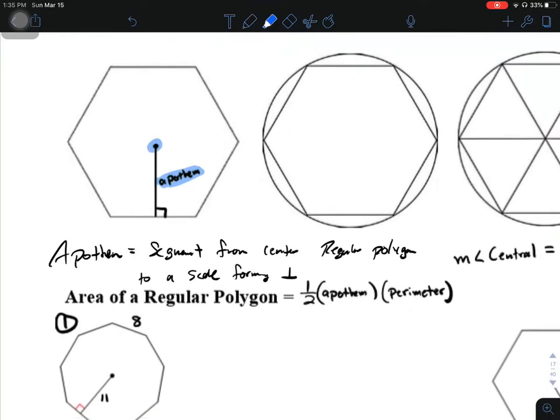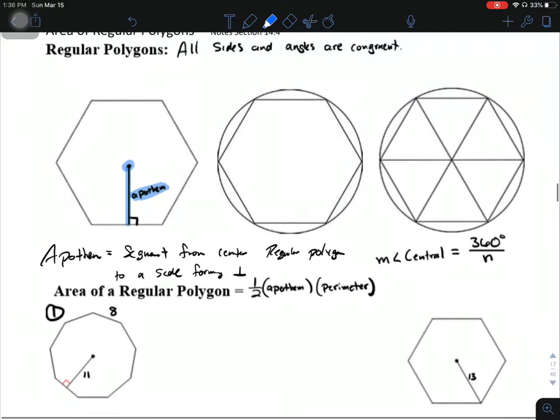So here's the center. We got the segment, it hits a side, and it forms a perpendicular. That's an apothem. For the time being, let's just ignore that for a second.